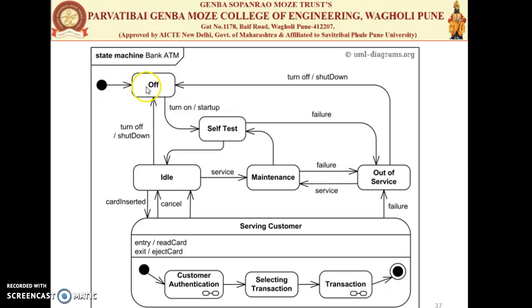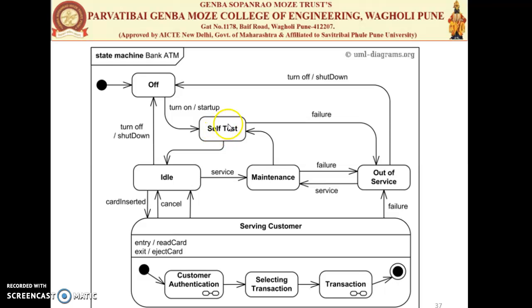Suppose first the ATM is off. Now if we have to turn on the ATM, we turn it on. Whenever you turn on the ATM by some human interaction, because this will be done by the security guard handling that ATM, first it will take a self test.